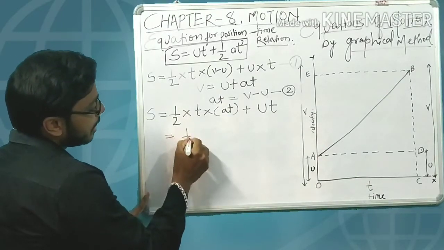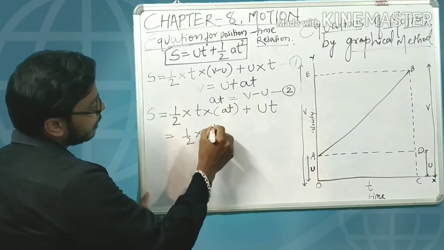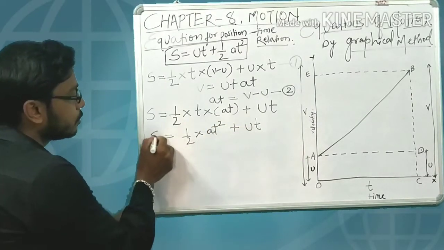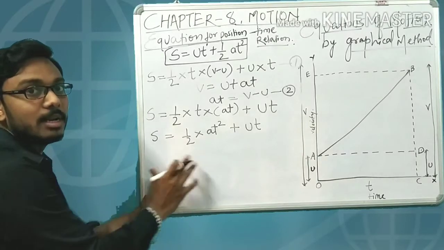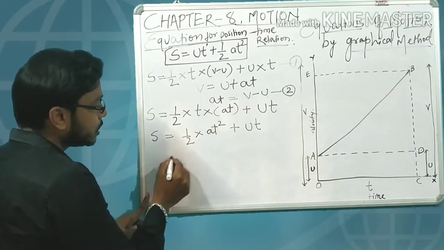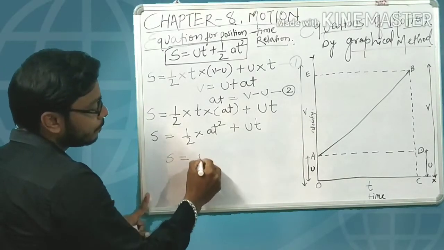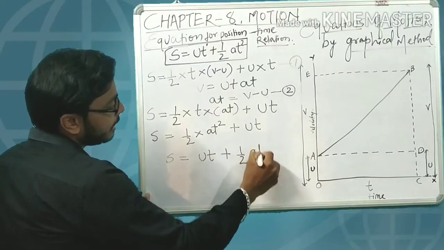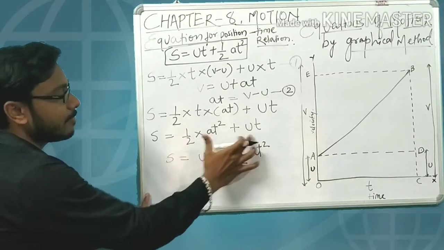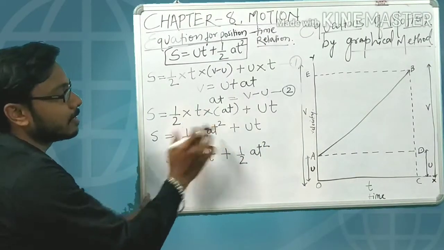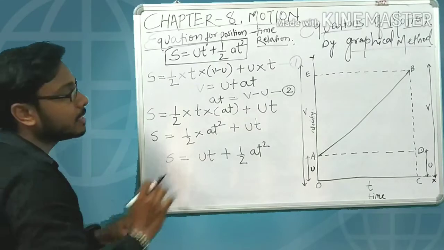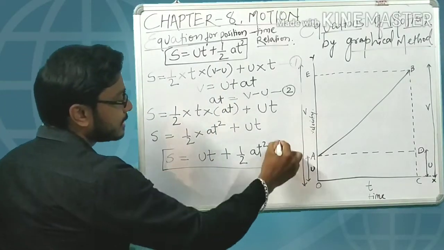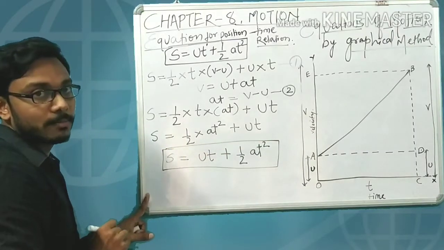So that is half a t square plus ut. Now by interchanging the positions, we get s is equal to ut plus half a t square. So we have got our second equation of motion.